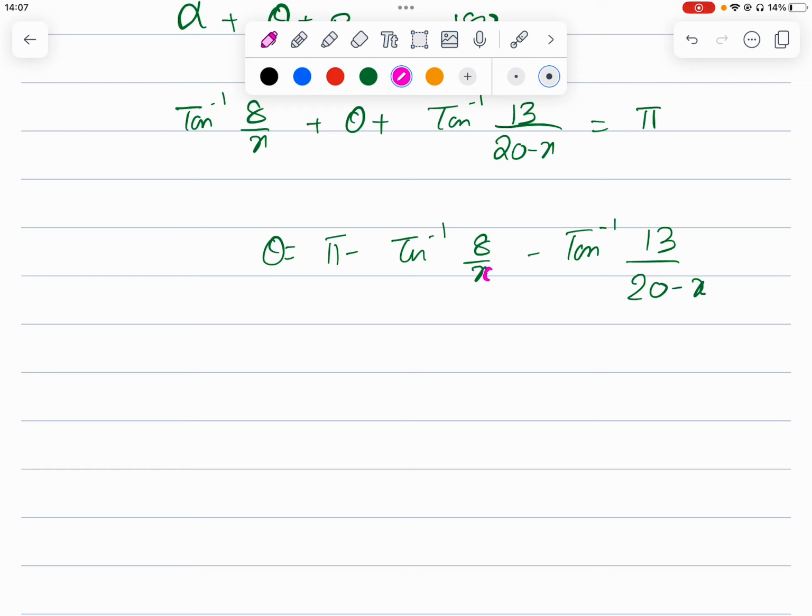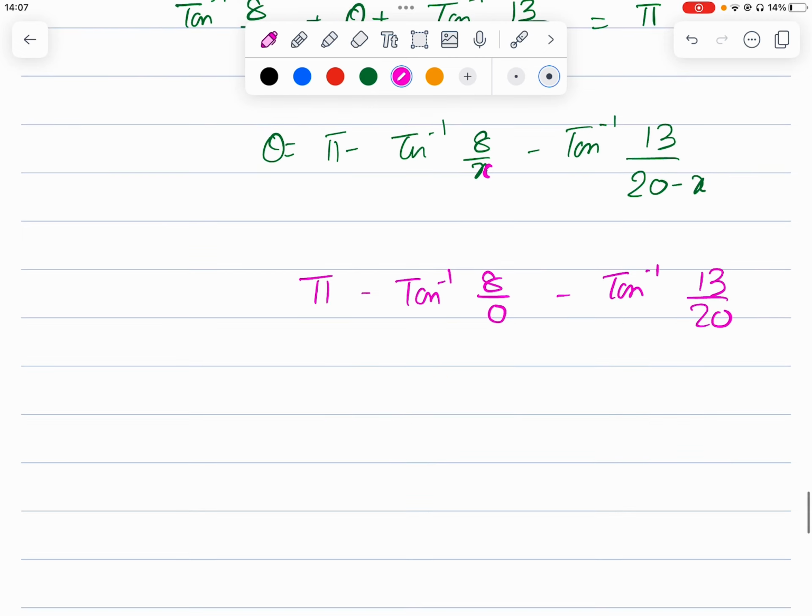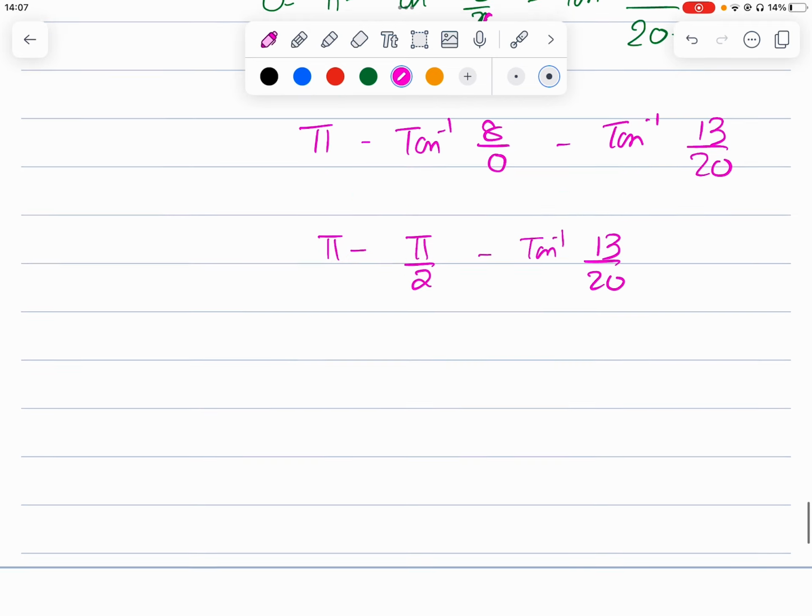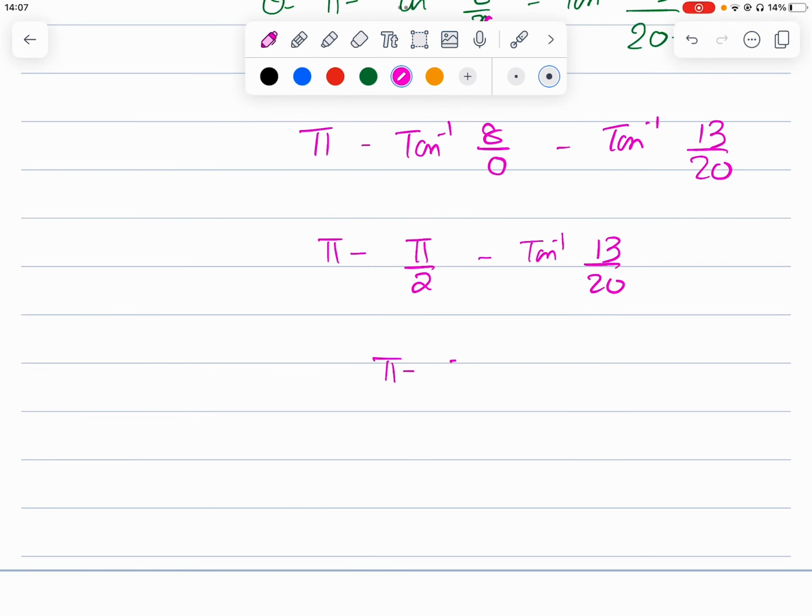I'll write it over here: pi minus tan inverse of 8 upon 0 minus tan inverse of 13 upon 20. So this is undefined. Tan inverse of undefined is nothing but pi by 2. So it becomes pi by 2 minus tan inverse of 13 upon 20.